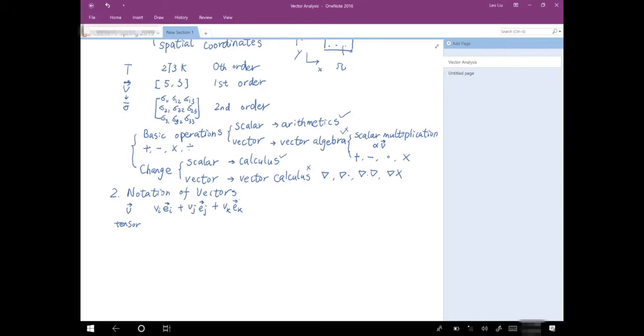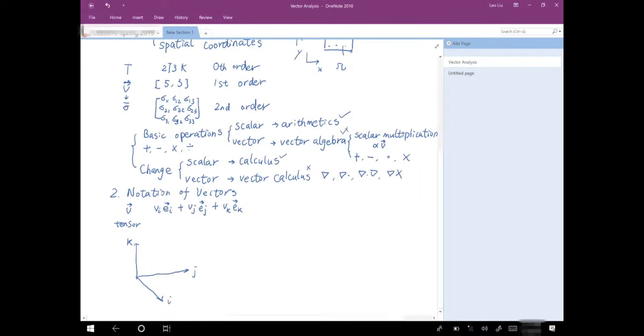So for e_i, the meaning is that, let's write down here. So let's say this is ijk. Usually the ijk need to follow the right-hand rule. That means if we rotate from i to j, then the direction of k needs to be the direction of the thumb. This is the right-hand rule.